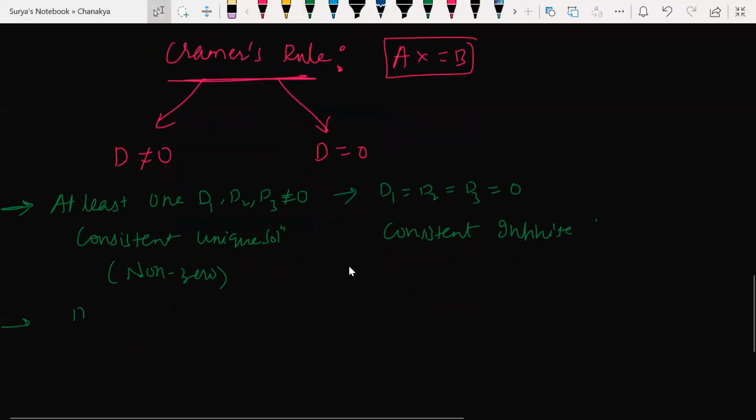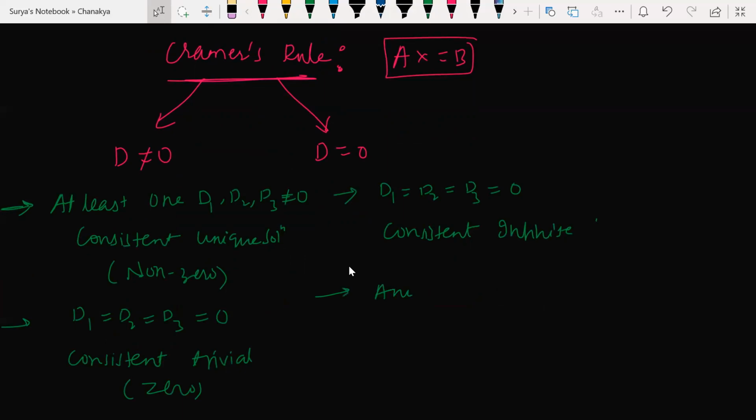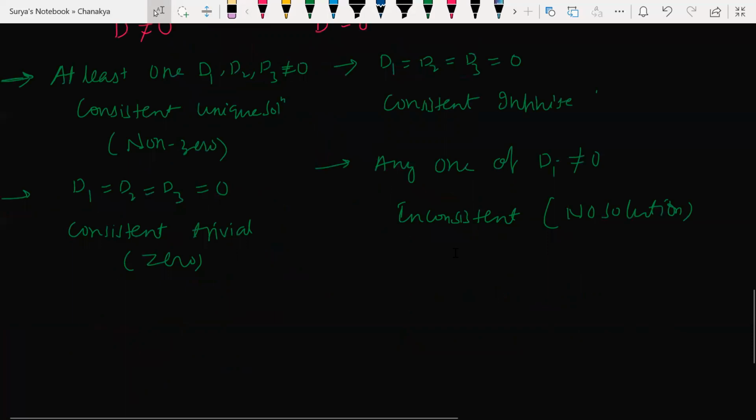In case D1, D2, D3 are equal to 0 in the homogeneous case, you will have consistent, trivial solutions. Trivial is nothing but the 0 solution. If any one of the determinants is not equal to 0, it will be called inconsistent. Inconsistent is nothing but no solution basically.